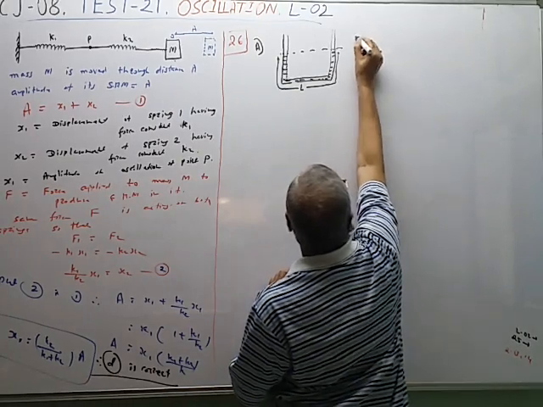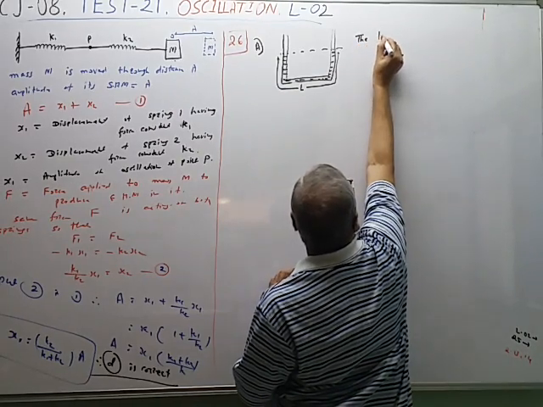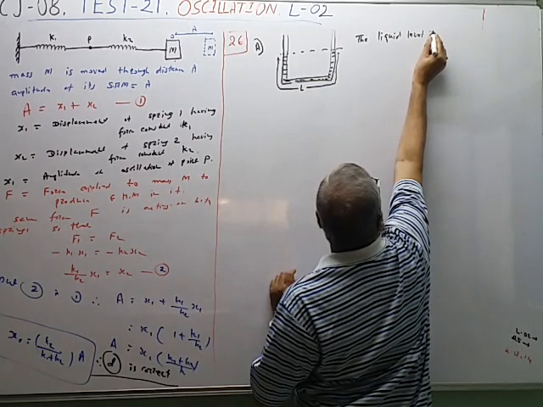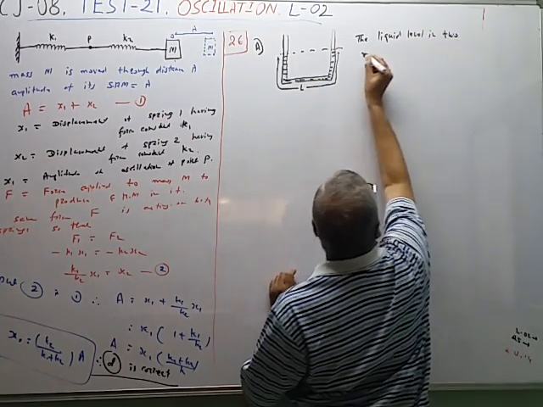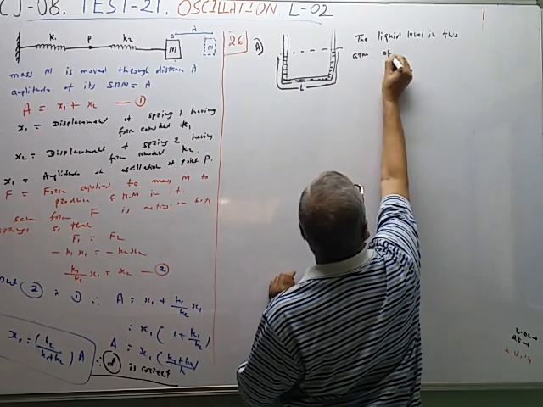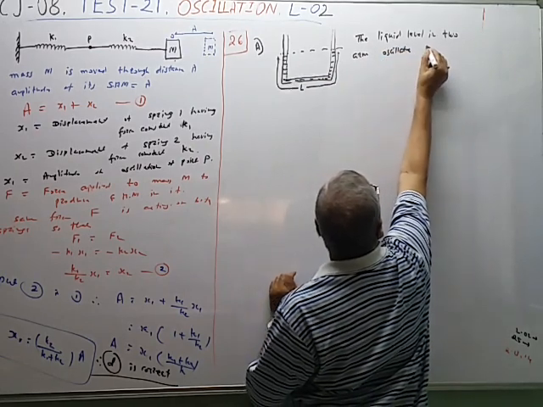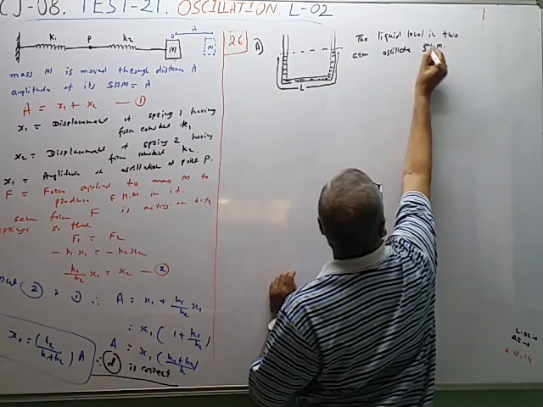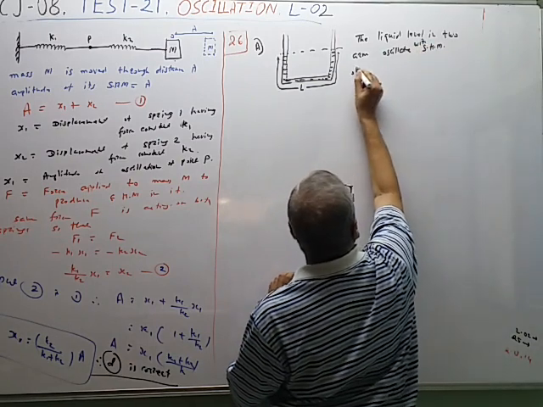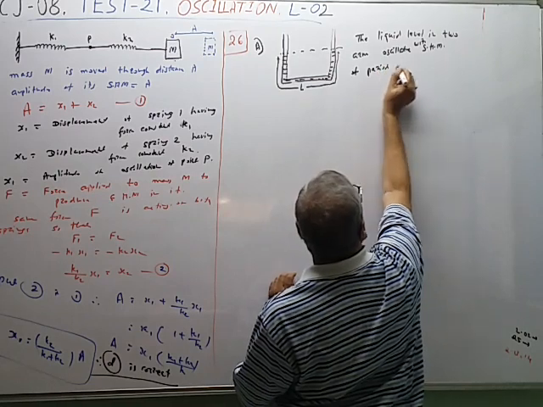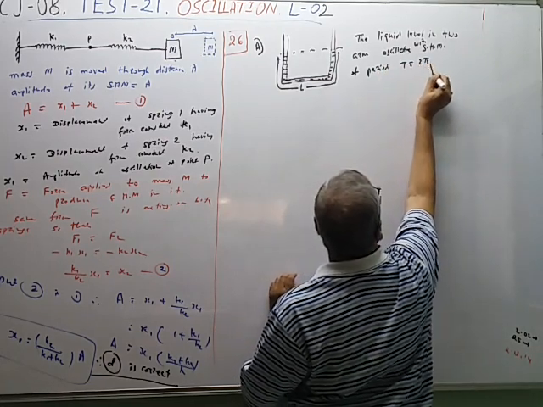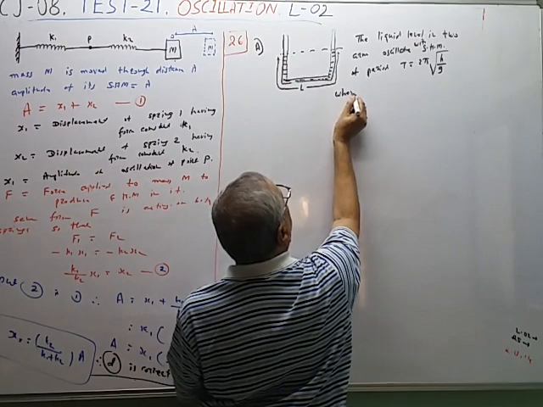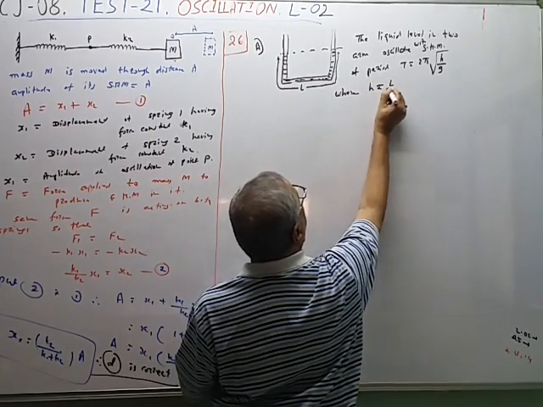So the liquid level in two arms oscillates simple harmonically, oscillates with SHM of period T equal to 2 pi multiplied by simple pendulum type formula, root of H by g, where H is equal to L by 2.